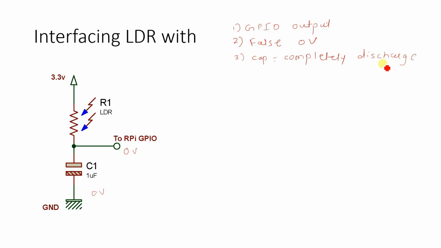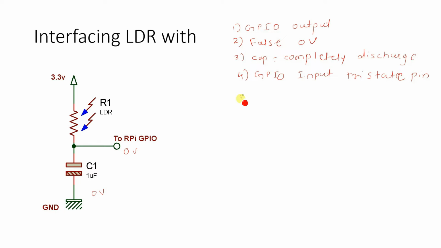Now we will make the pin work as input. So now the GPIO will work as an input pin, but we won't enable any pull up or pull down, so it stays a tri-state pin.